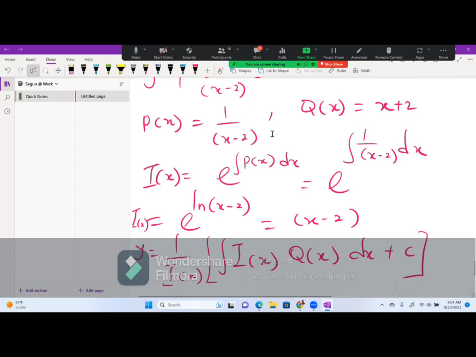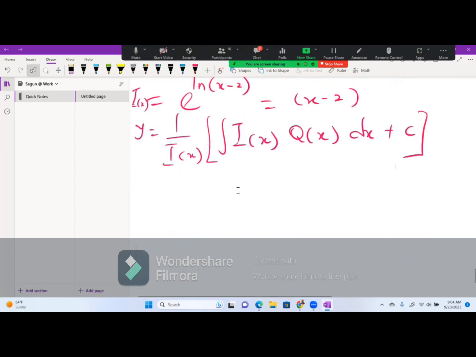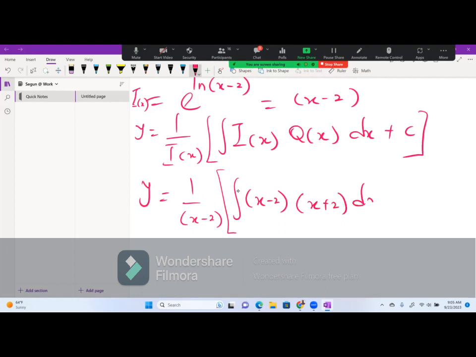So in this case, we know our I of x to be what? x minus 2. What is q of x in this case? q of x is x plus 2 dx, plus c.